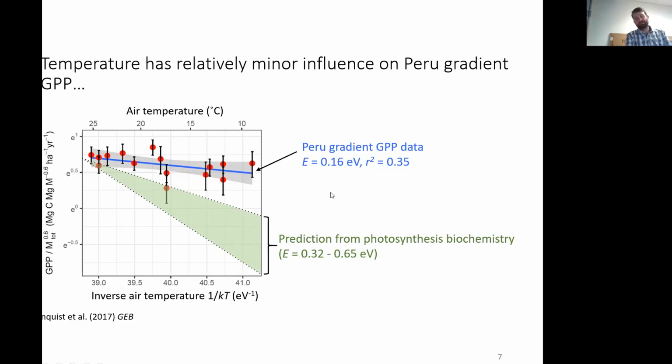And there's a whole bunch of theory behind this prediction, which I don't have time to get into here, but the main point here is that production is much less sensitive to temperature, and the biochemistry of photosynthesis appears to be much less sensitive to temperature across this gradient than we predict based on the kinetics of photosynthesis across this air temperature gradient.